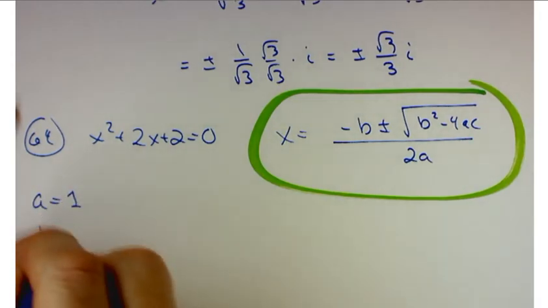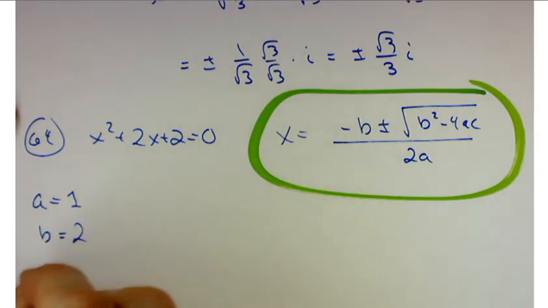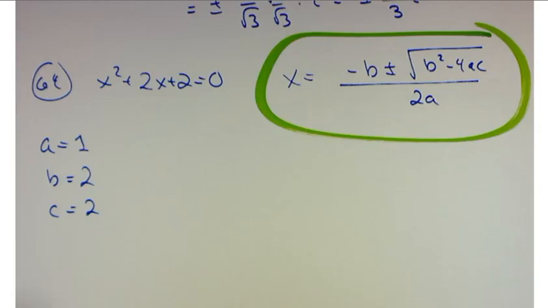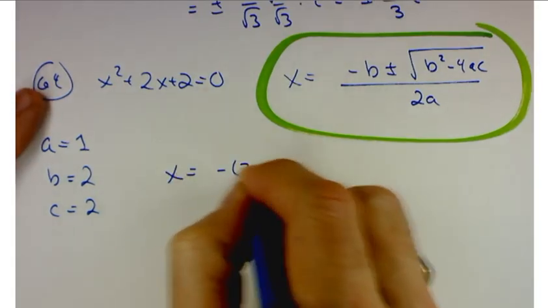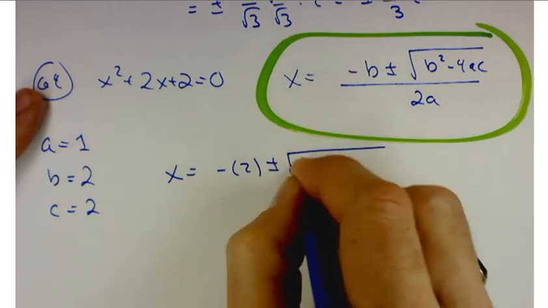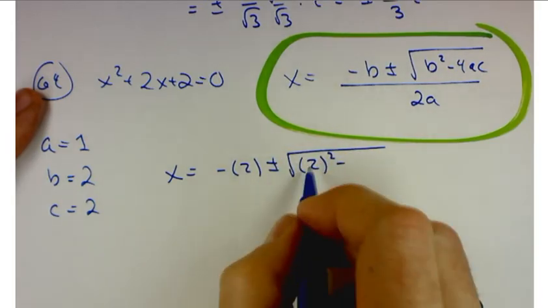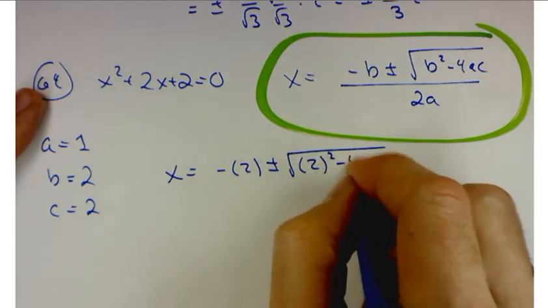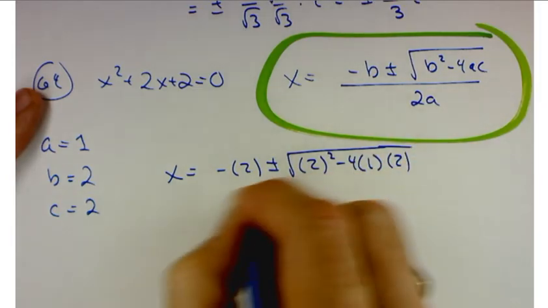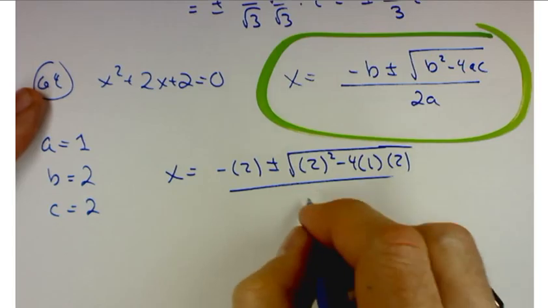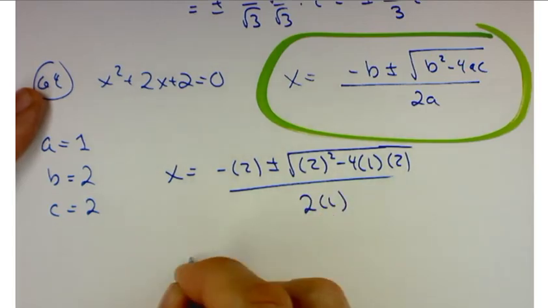a is 1, b is 2, c is 2. Let's fill it in. We get x is negative 2 plus or minus the square root of b, which is 2, squared, minus 4 times a times c, over 2 times a, 2 times 1.